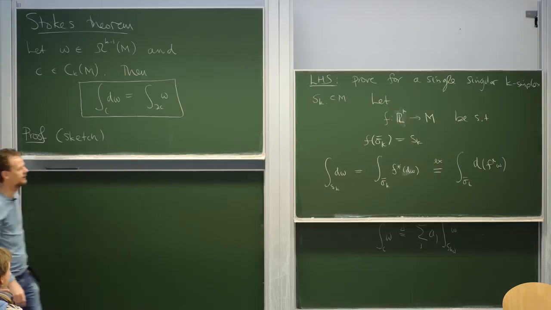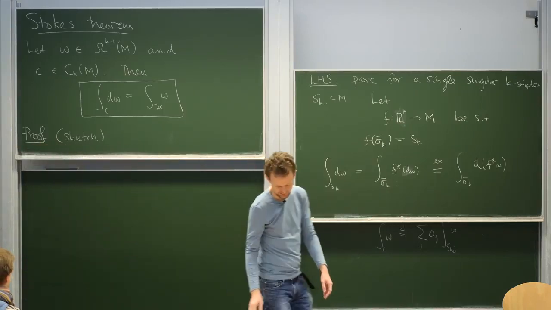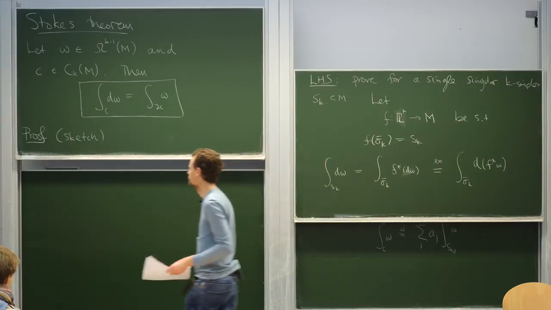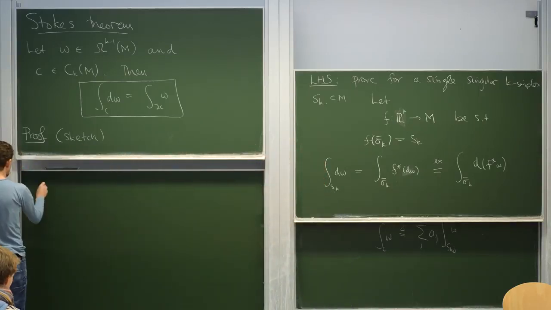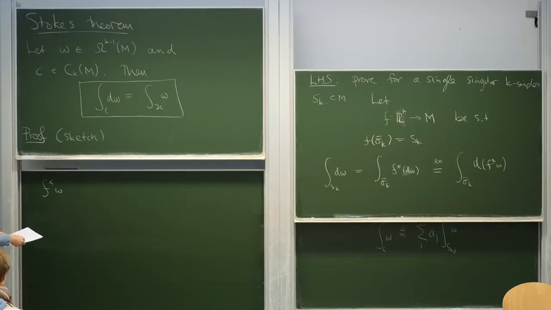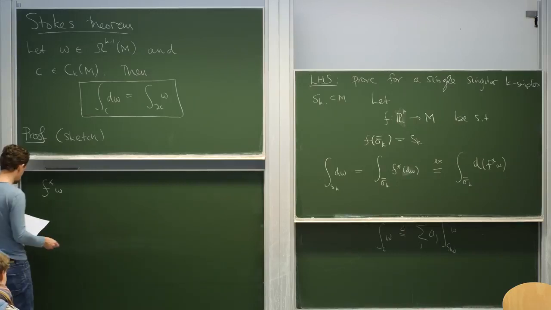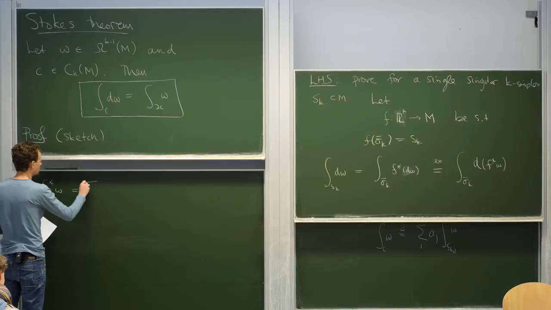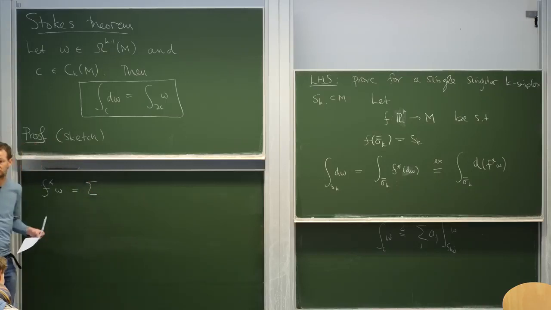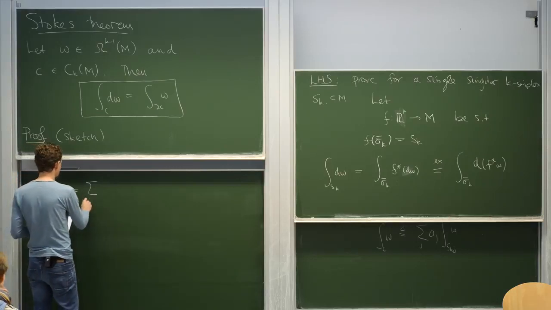Let's see if we can prove the exercise there. f star on omega. Omega is a k-1 form. I'm going to write this out in coordinates. We'll do it that way.